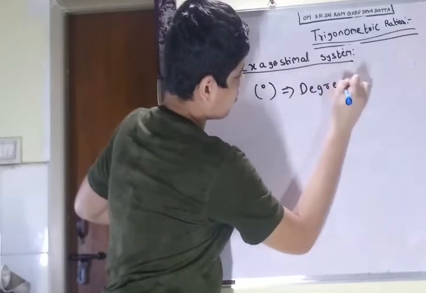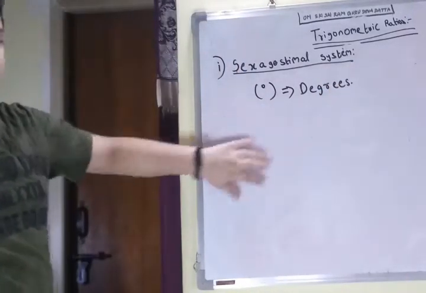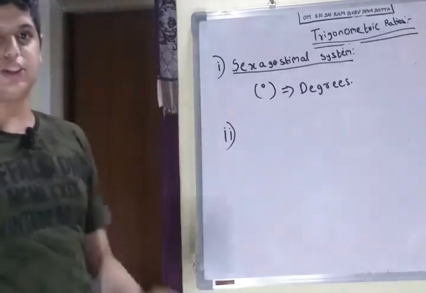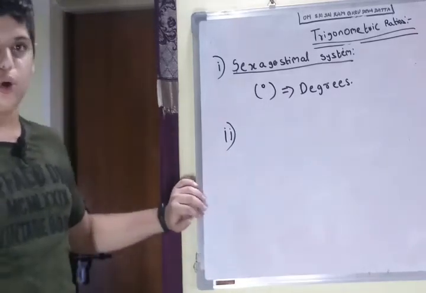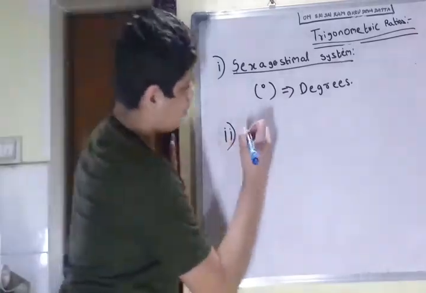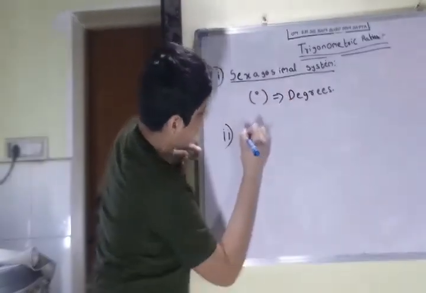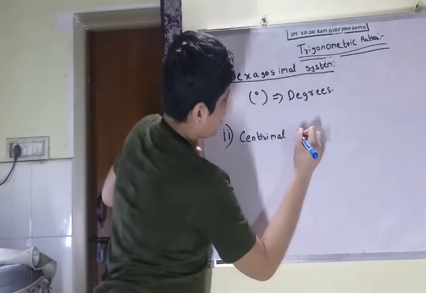This is about the sexagesimal system. We are not going into depth because this is not very important. You just need to know what it is. You might get one or two theory bits. The second one is the centesimal system.